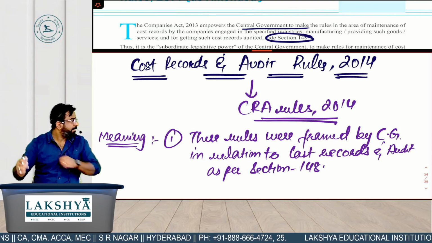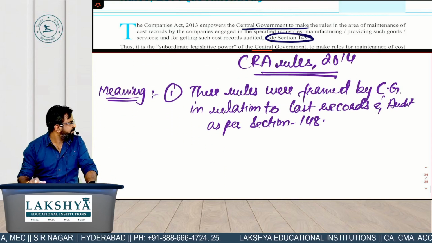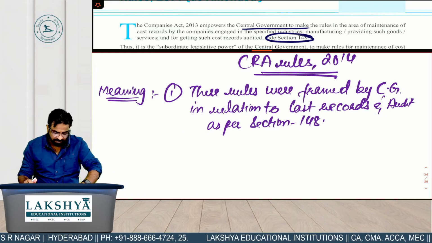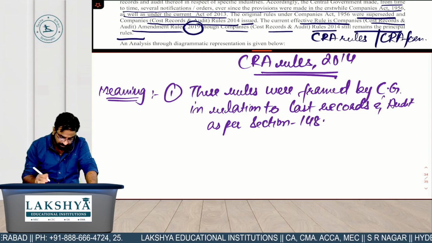So these rules were framed by the central government in relation to cost records and audit as per section number 148.